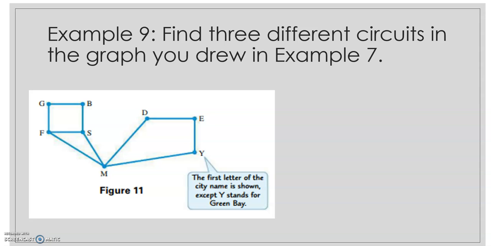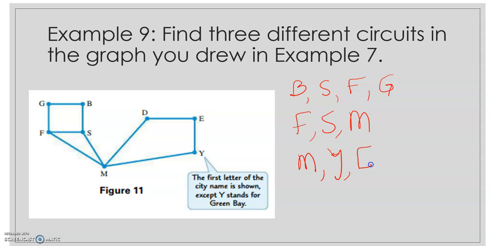Still using our same cities, we're going to say Bemidji, St. Cloud, Fargo, Grand Forks is one circuit. Fargo, St. Cloud, Minneapolis, and around again. Minneapolis, Green Bay, Escanaba, and Duluth, all the way around. Those are circuits.